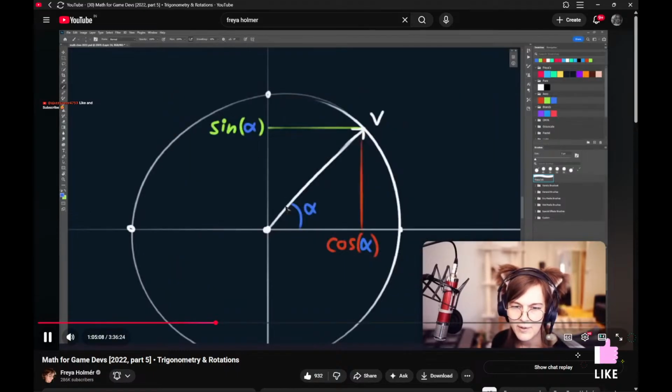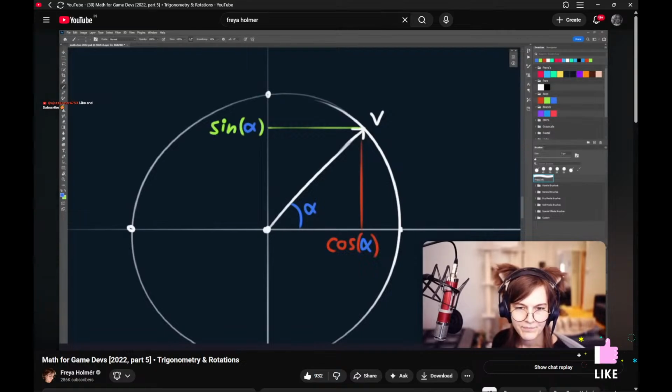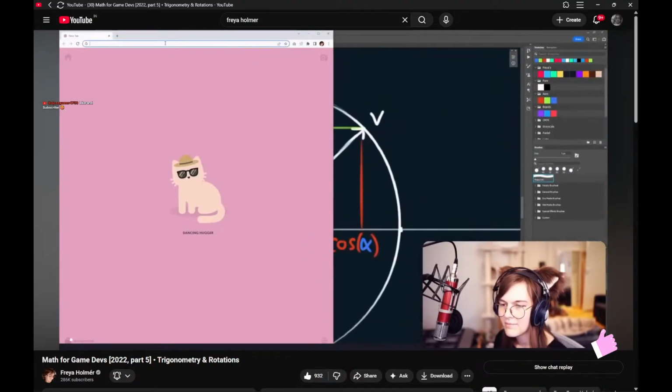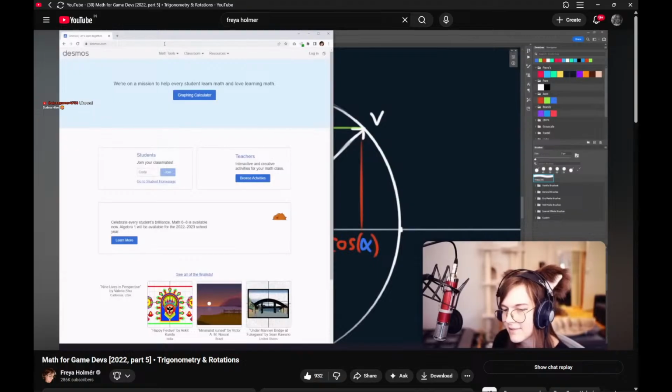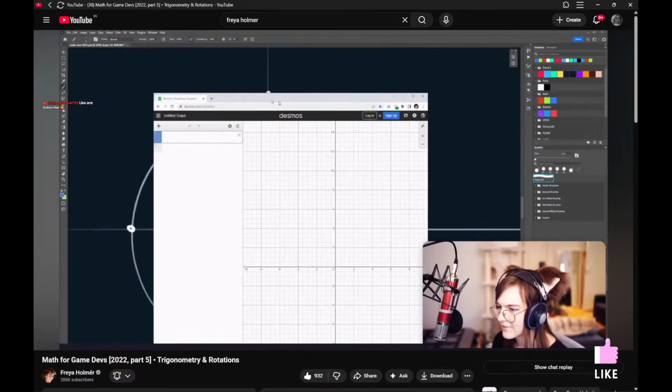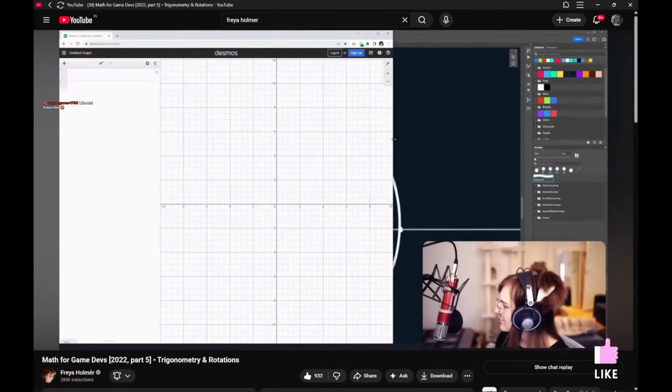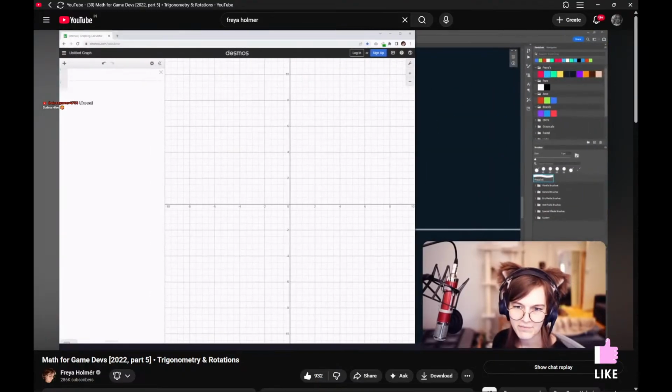Here's a super handy website. There's a super useful website called Desmos, which has a calculator or just a graph tool. This one is super nice whenever you want to visualize simple functions.